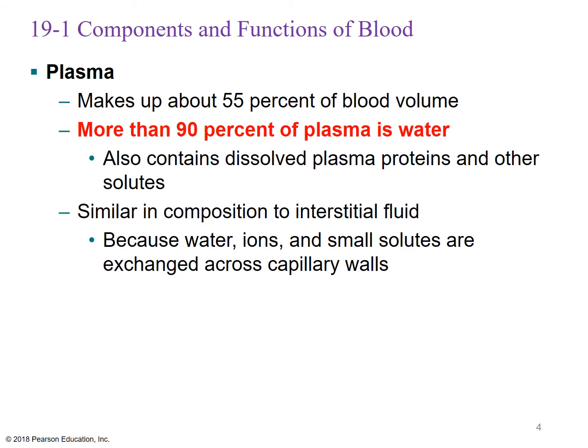Again, plasma is 55% of the blood volume, and more than 90% of plasma is water. So I've talked to you guys over and over again about the importance of drinking water, making sure that you're constantly drinking half of your body weight in ounces. As you can see here, your plasma is going to be 90% water.